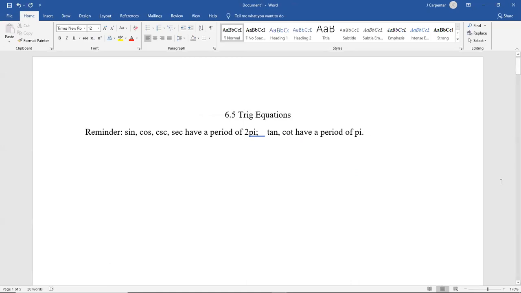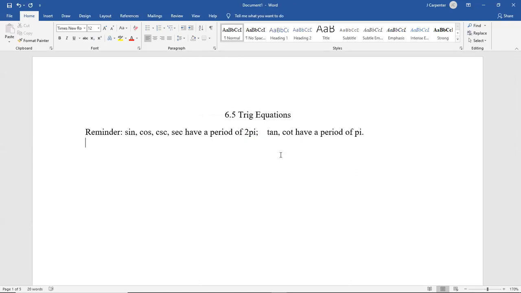Why is this an issue again? Because you might have a problem that says solve. You might have a problem that says solve on 0 to 2 pi or 0 to pi or whatever.